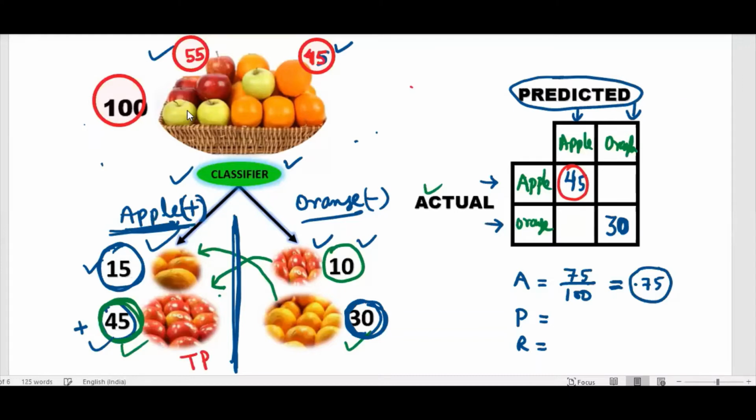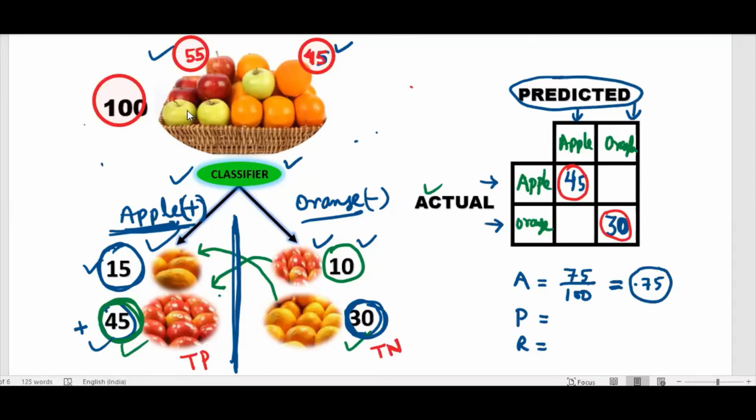What about this 30? This is true negative. True negative means these are the oranges, negatives, and classified also as negative. That's fine. This is also fine. 45 plus 30, 75 fine out of 100. This is over. Now let's go to the error part.